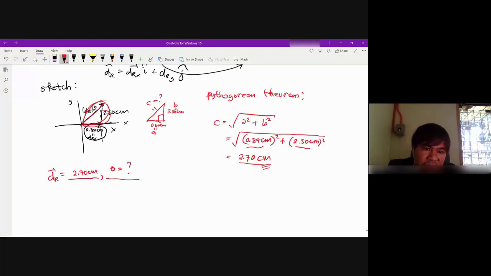We use this angle and define it as theta, which we want to find. So I'll draw it here. This is the theta there. So I know this is 2.50 cm, and this is also 0.87 cm. So now, we want to find the angle, class.